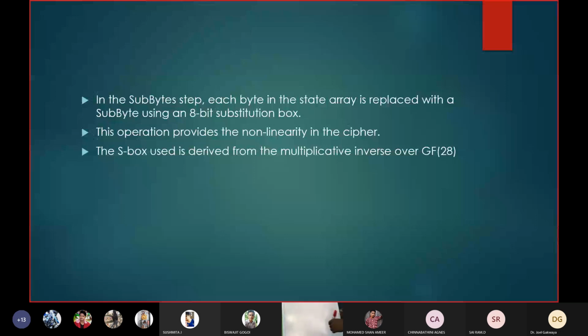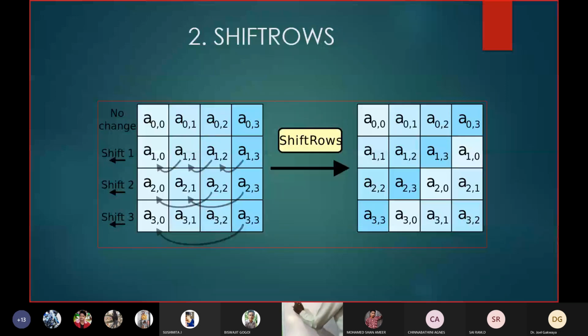In the shift row, I forgot to tell you that AES was first developed by a man called Ladgel, I think.